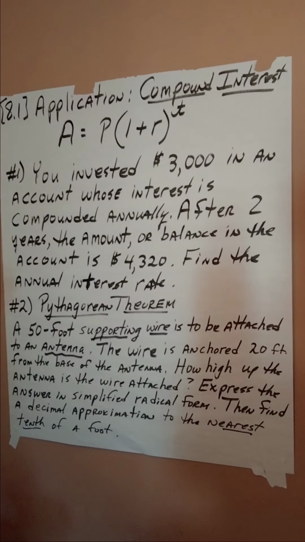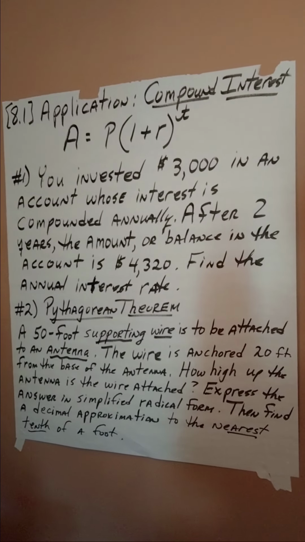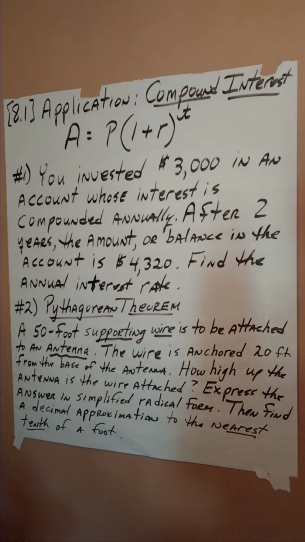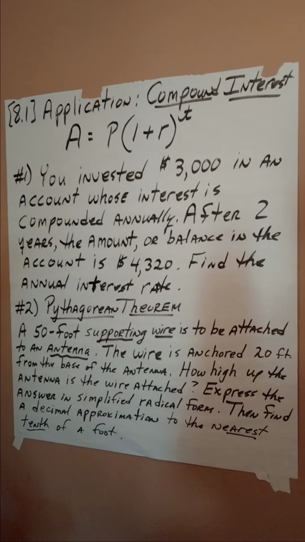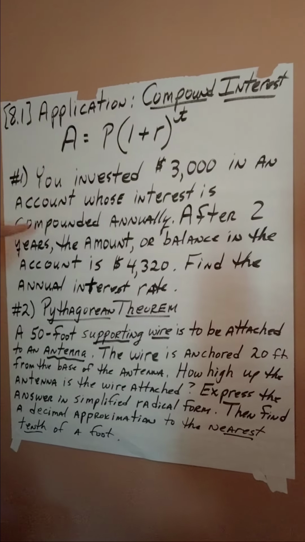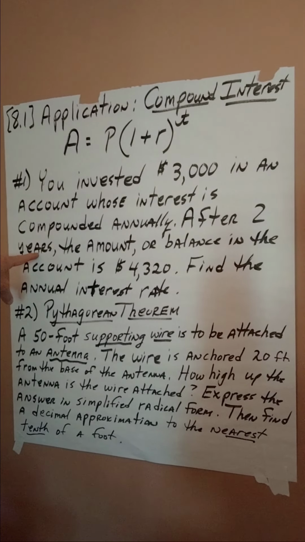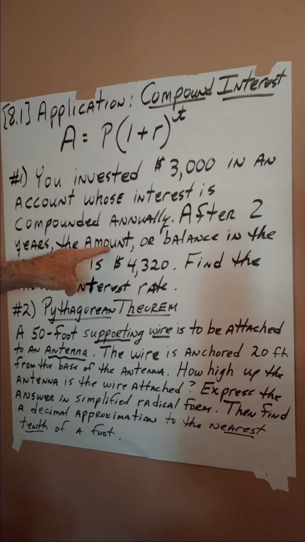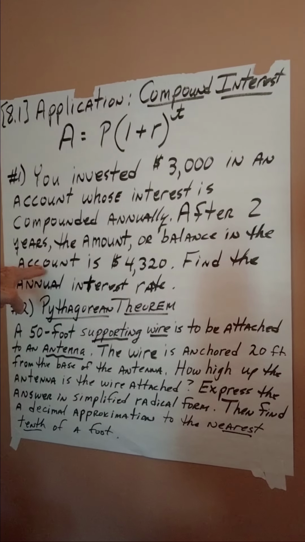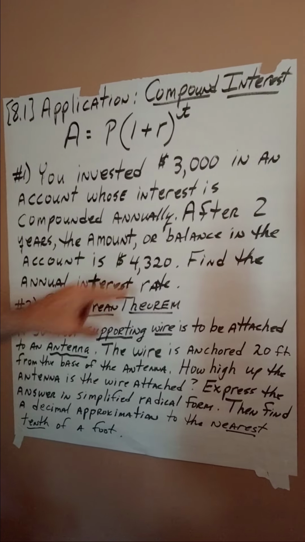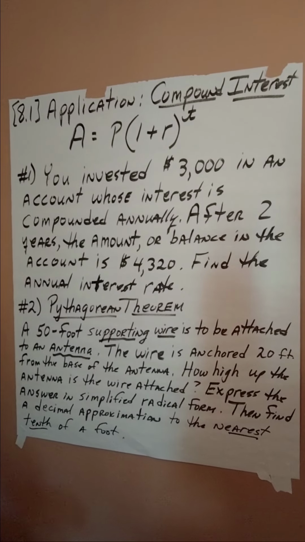It's compounded annually, yearly. At the end of each year, interest will be calculated. After 2 years, the amount or balance in the account is $4,320.